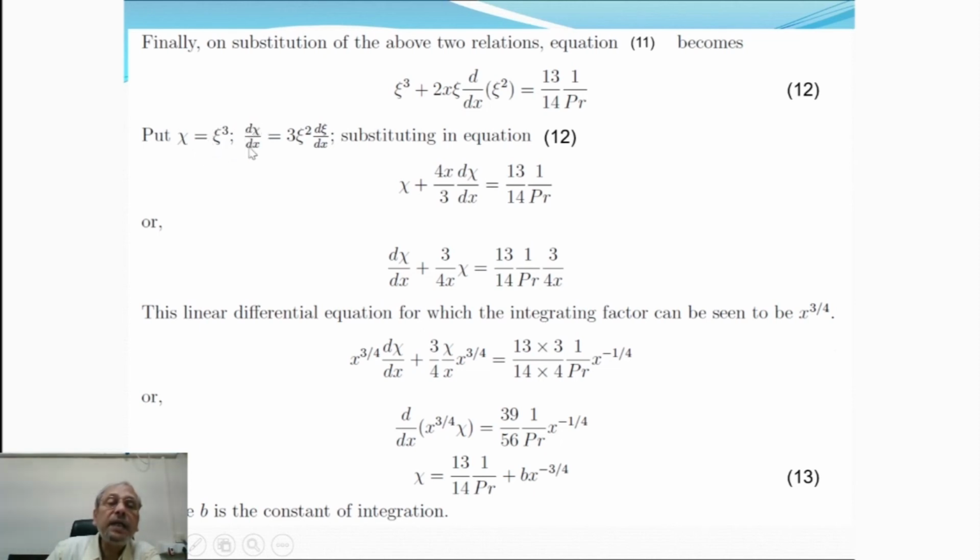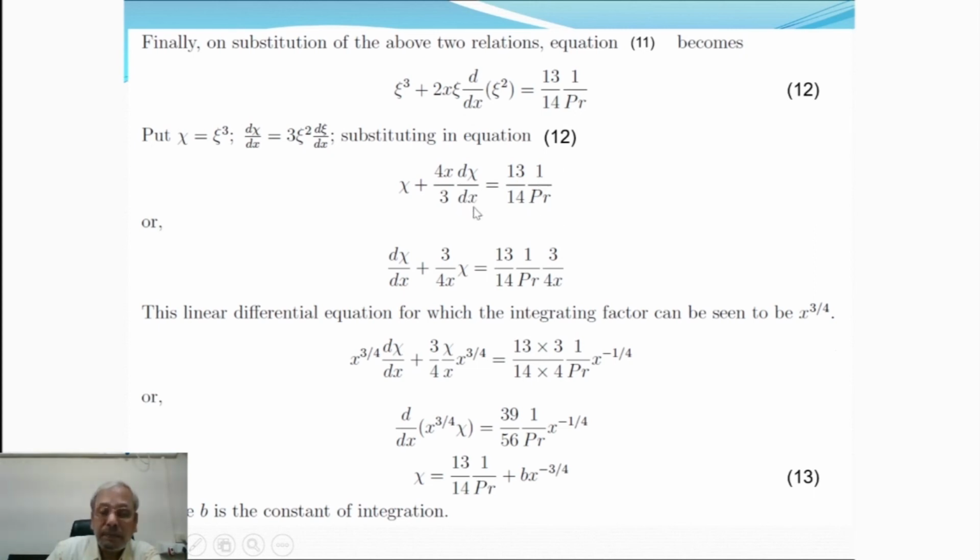Then d chi dx is thrice zeta square d zeta dx. And then if we substitute in equation 12, we will get chi plus 4x by 3 d chi dx equal to 13 by 14 1 by Prandtl number.